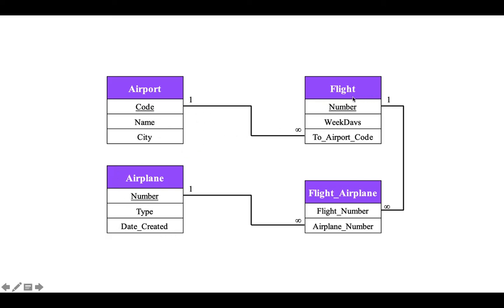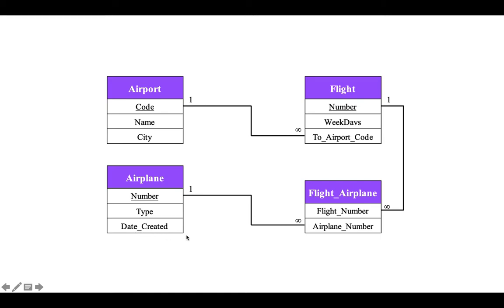Of course, for each flight, from which airport it is leaving, so it connects to the flight from where the flight is going, and to which airport it's flying. And you have for each table a certain number of attributes. These are the columns. So you have code, name, city. For the flight, we have flight number, weekdays of the flight, and to airport code, which means to which airport this flight is flying, and which airplane it is using, the number of the airplane, the type of the airplane, and the date created.